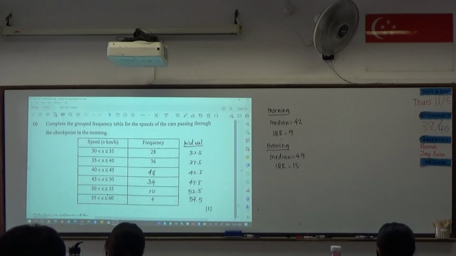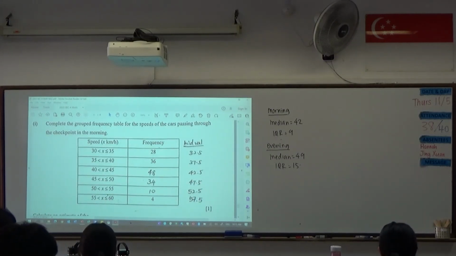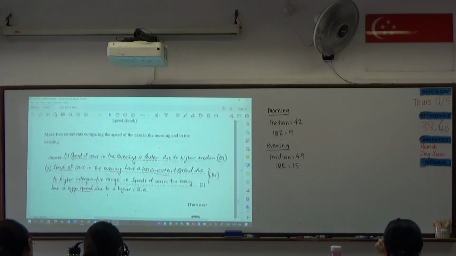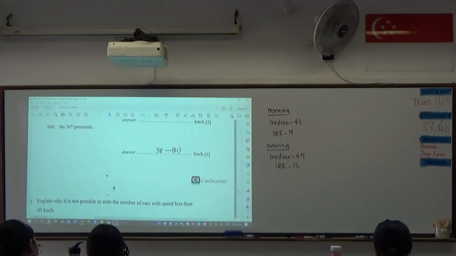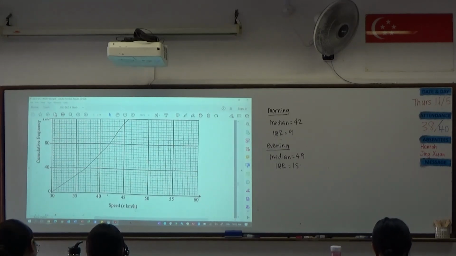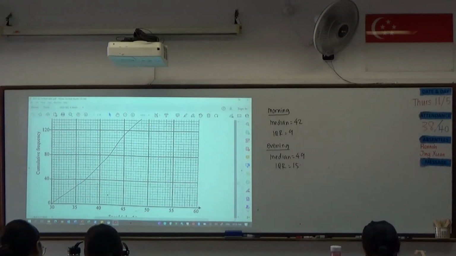Moving on, question part C, part I. The frequencies are 48, 34, and 10. So this is a grouped frequency table. We're trying to see 40 to 45, so you go ahead and read your cumulative frequency curve. You read the value at 45, then you minus away the value at 40.